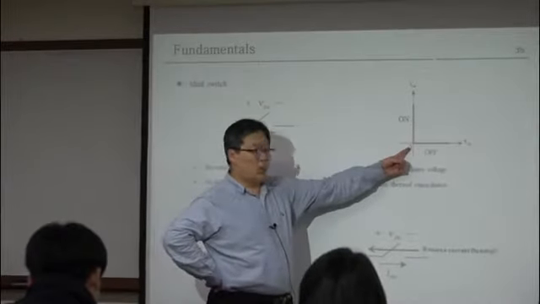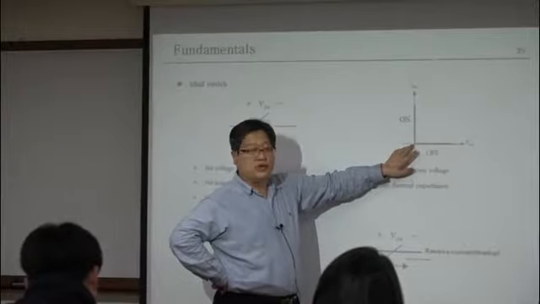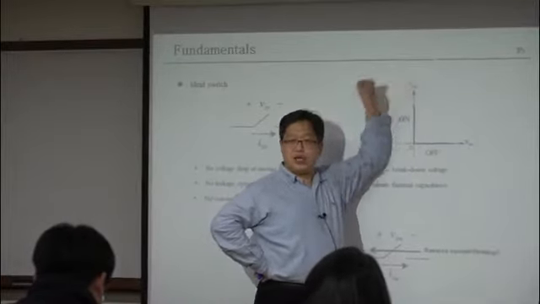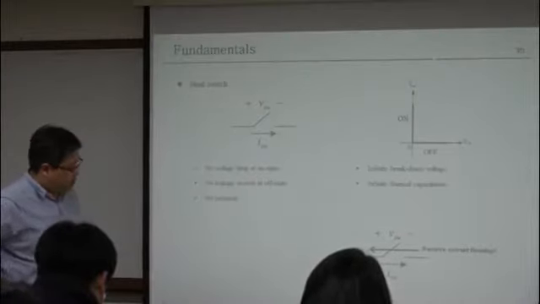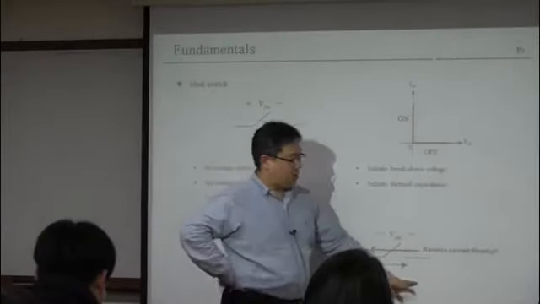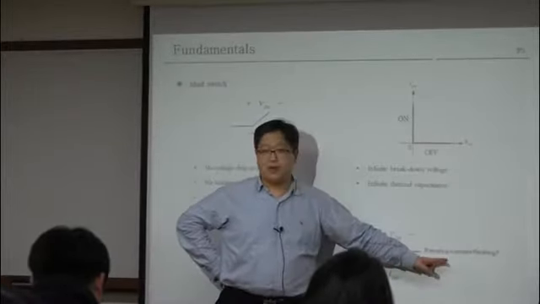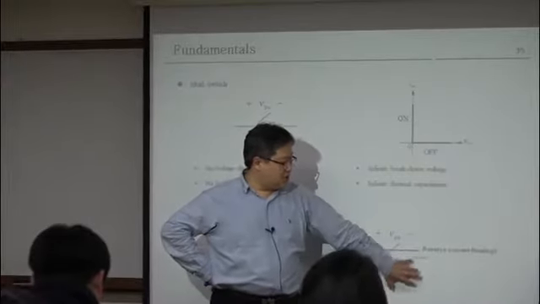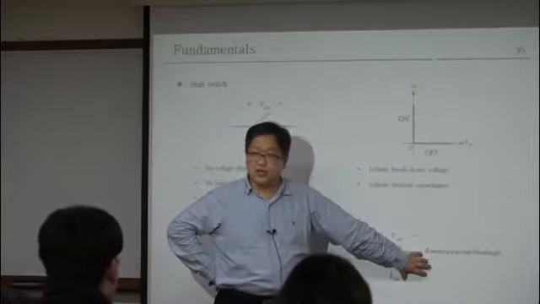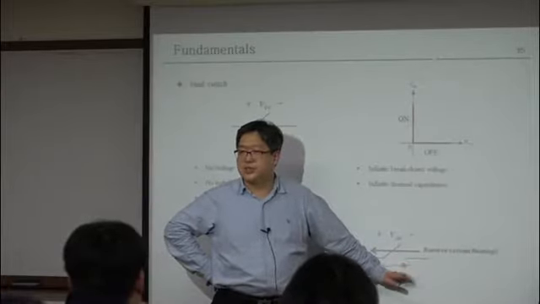Then when you turn on the switch, the voltage drop is 0, but you can flow infinite current. That is an ideal switch. What about the reverse current flowing? We usually don't consider the reverse current flowing capability in switches. So you can actually flow the reverse current, but we don't consider this situation.